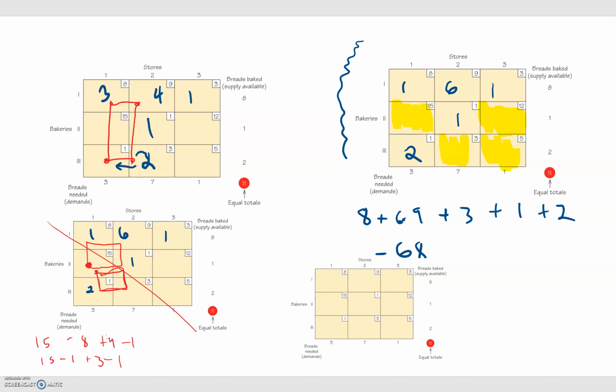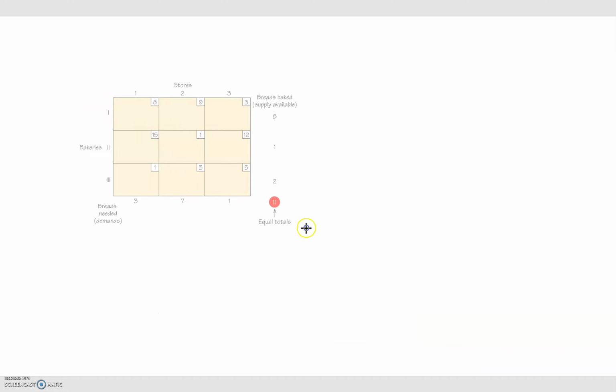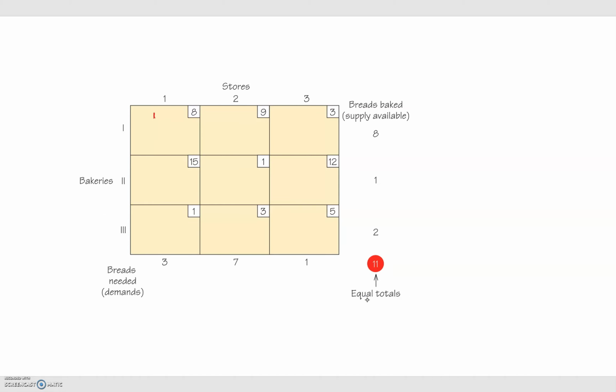Okay, now that's this solution here, 16112. And then the cost of this was 68.